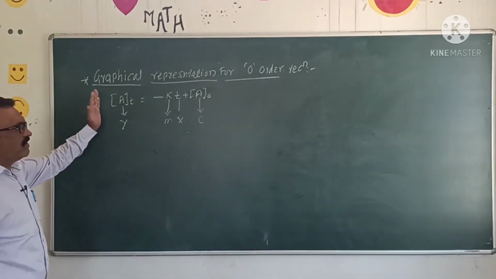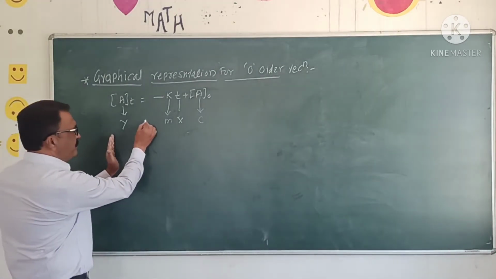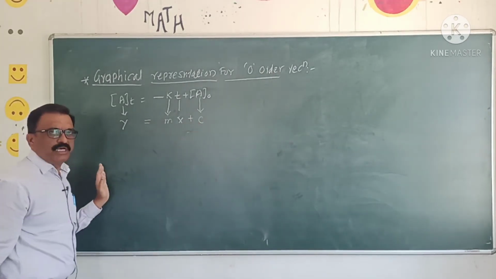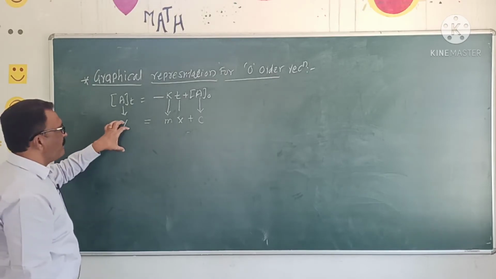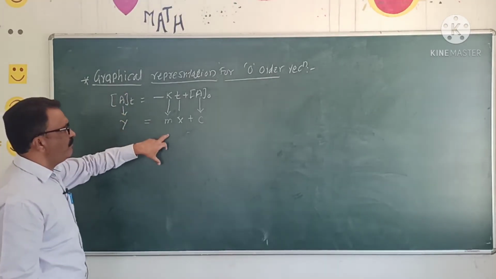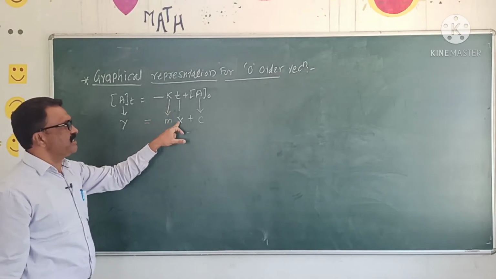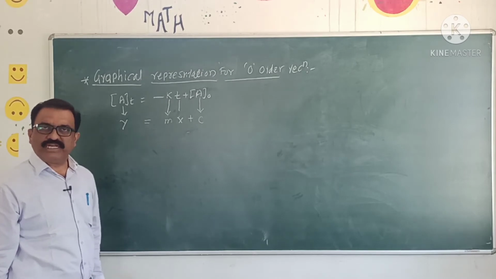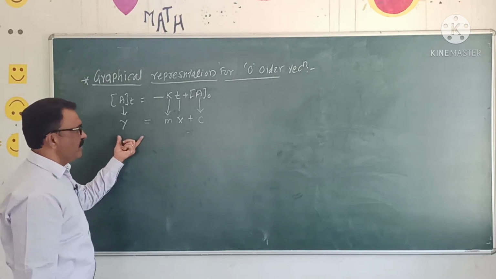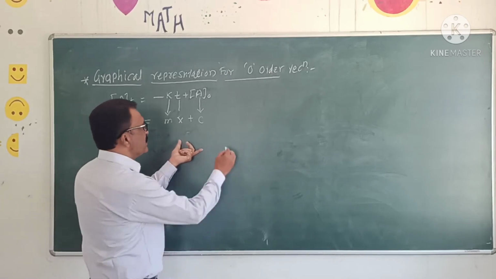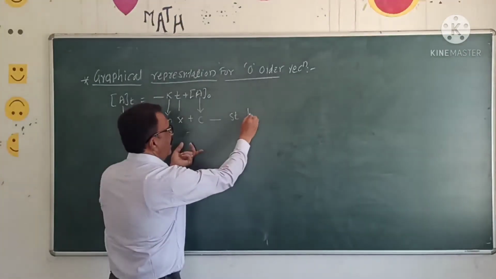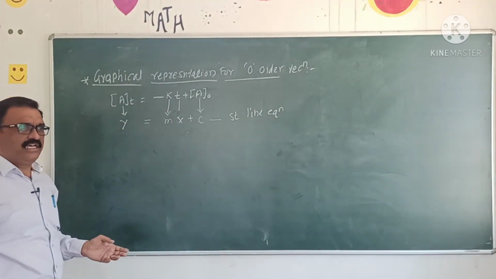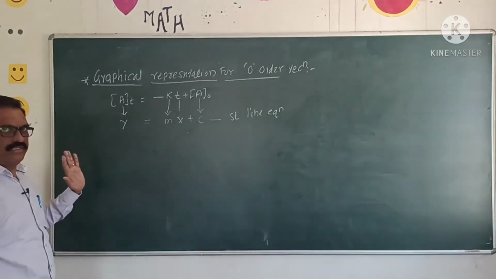That is, this equation is similar to y is equal to mx plus c. Here y means concentration of At, m means minus K, x is equal to t, c is equal to concentration of A0. This equation is similar to a straight line equation.